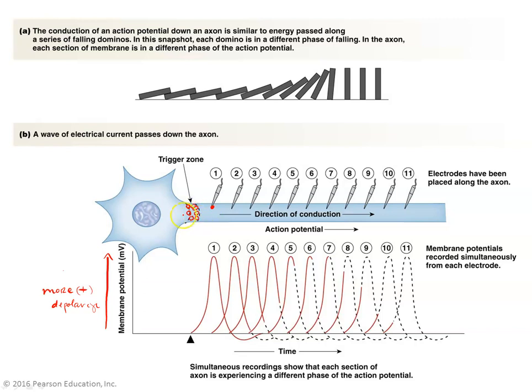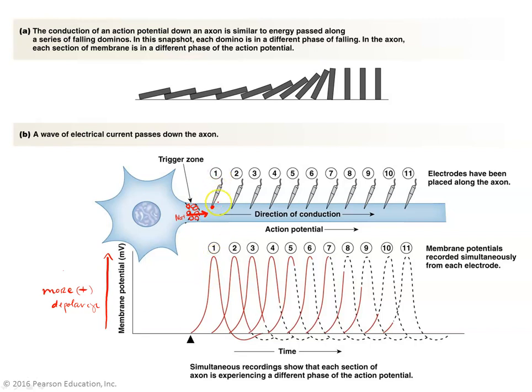Sodium is going to rush into the axon, because small molecules will diffuse from high concentration to low concentration. And as sodium enters, you're going to see depolarization, this positive charge.